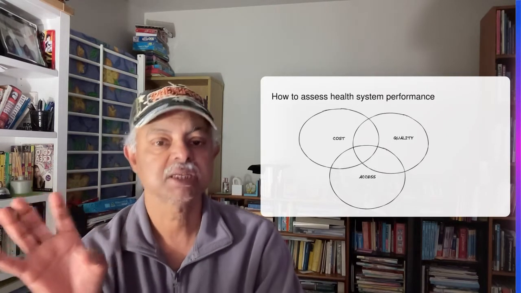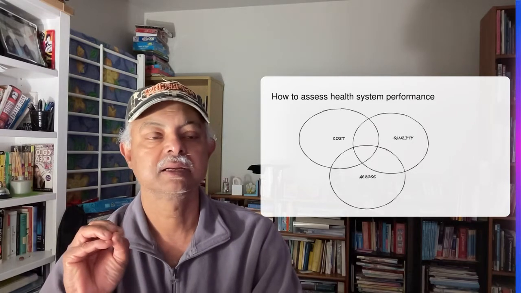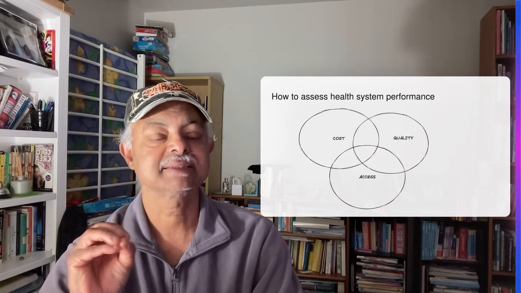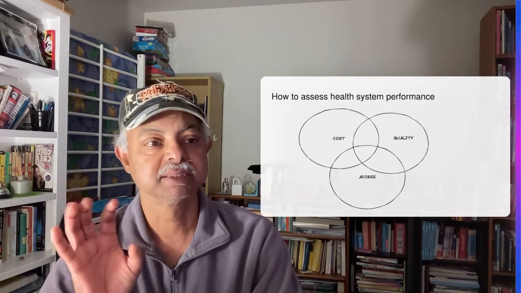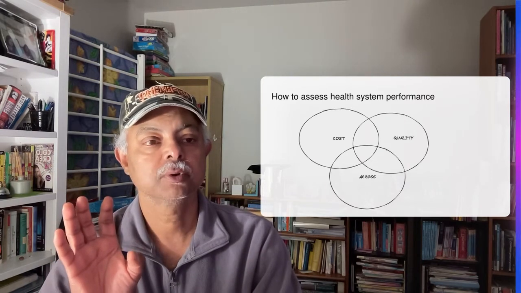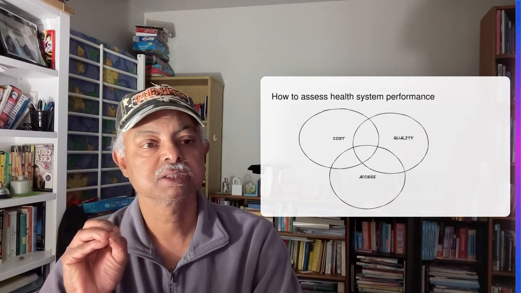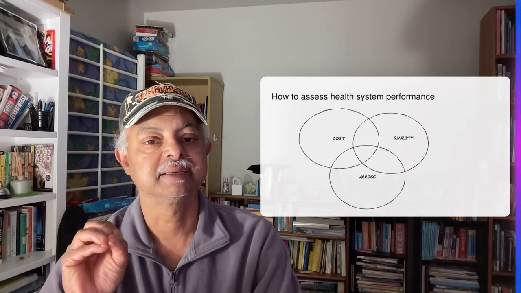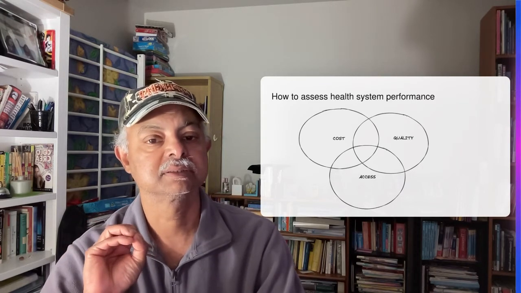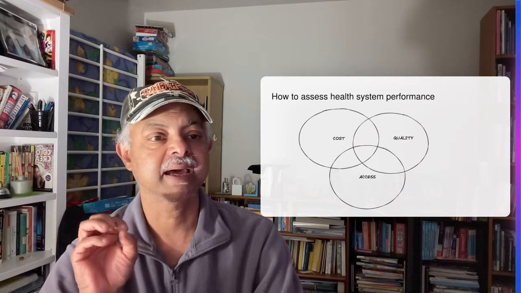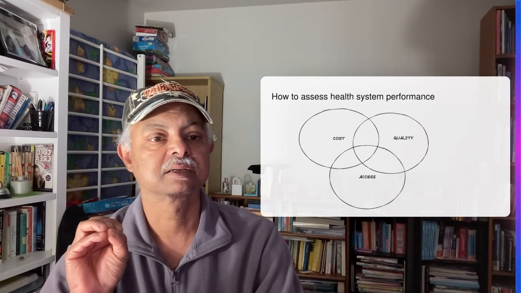And cost and quality are intricately connected to access to care. So this is why when we talk about access to care, we must always keep in mind the entirety of the health system performance. So cost, quality, and access are intricately connected to each other.